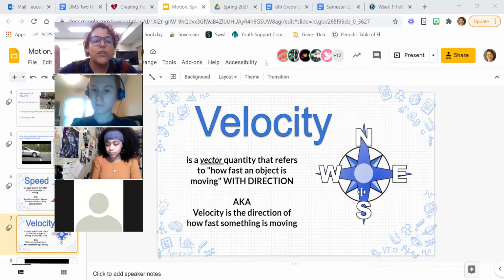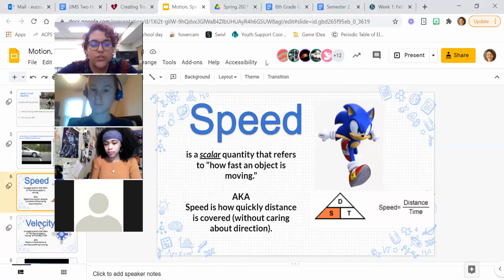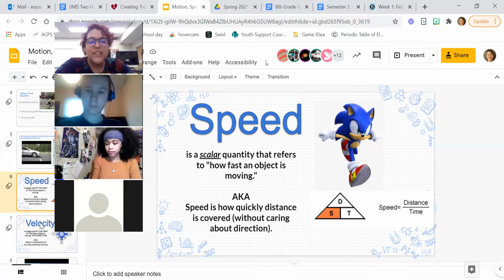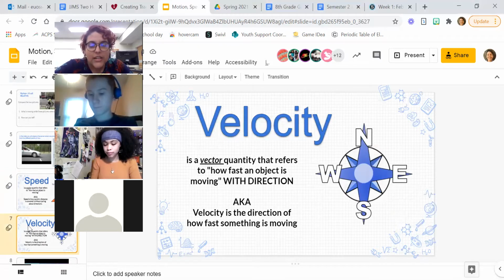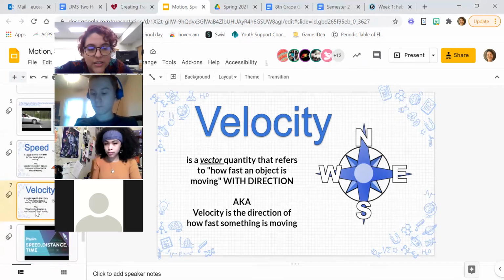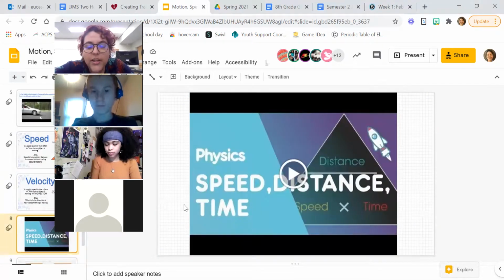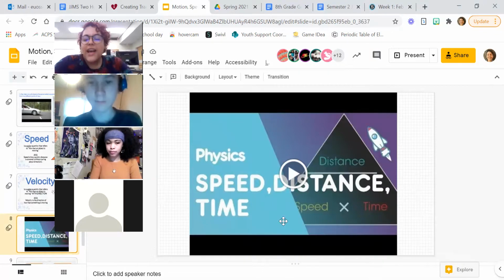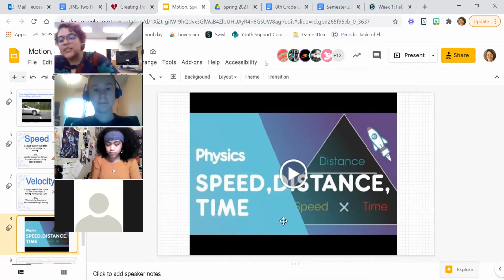That's literally the only difference. Remember, we're in science, so we're going to use our science vocab. In real life, you use those words differently, but we're talking about science class words. Science class, speed is how fast you're going. Velocity is how fast you're going with a direction. Literally the only difference.